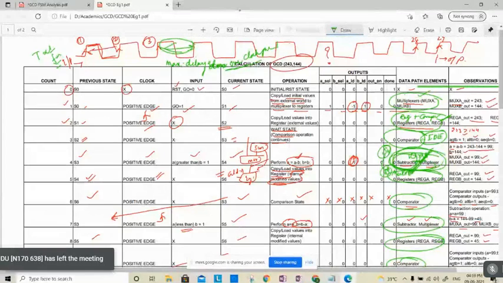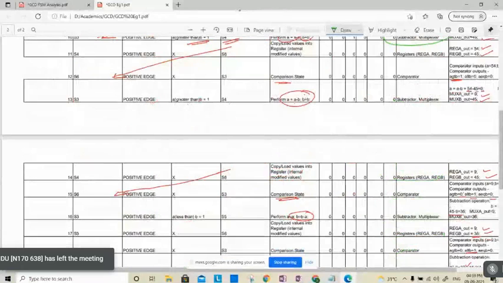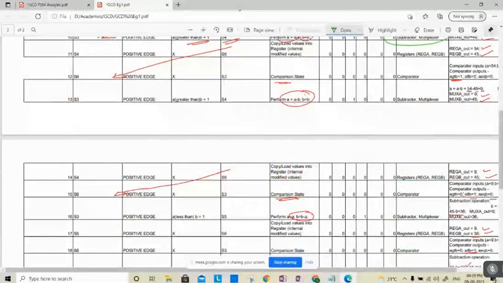Are you following? See here, in this particular state subtraction and multiplexing both happen. So I am supposed to calculate the delay of this. This one is 5 nanoseconds and this is also 5 nanoseconds.